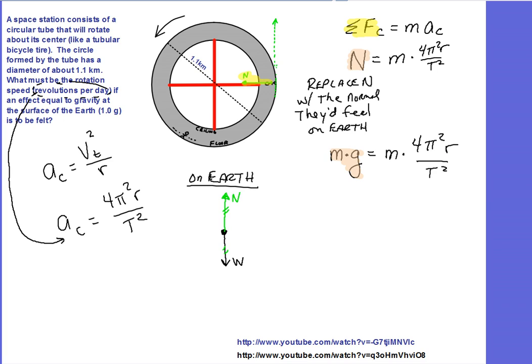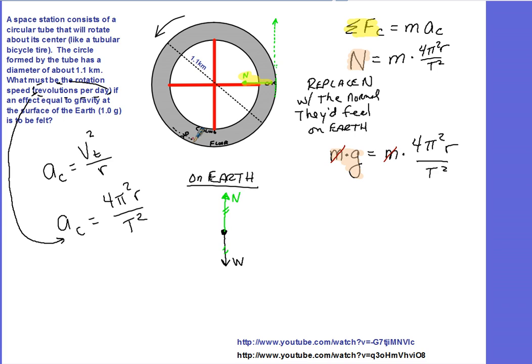We notice right away that the mass of that person will end up reducing out of that equation. So it's the same on both sides. That means I really don't need to worry about whether it's a person, or a dog they're bringing along with them to the distant planet. The mass will end up reducing out.